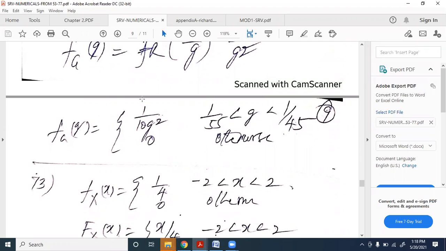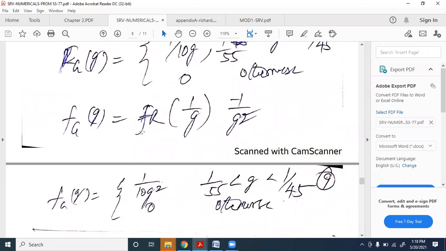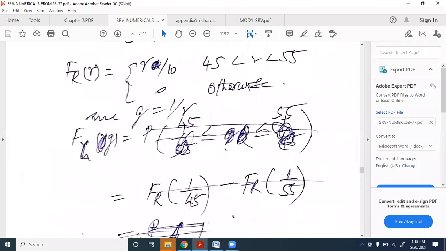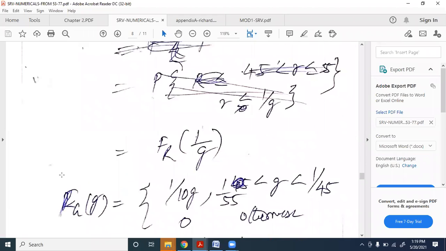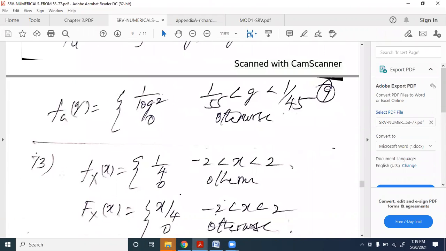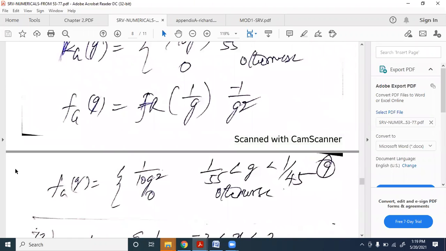We need to substitute the quantity which corresponds to f R of 1 by G. R is not there over here; we'll have only 1 by 10, and this value will be just 1 by G. So naturally it will get converted to this, and then minus 1 by G squared is multiplied to it, and hence we will get the value here as 1 by 10G squared for 1 by 55 less than G less than 1 by 45, and 0 for the rest.